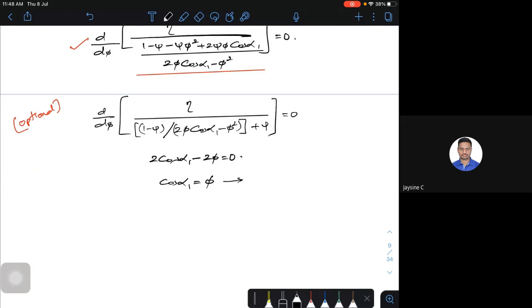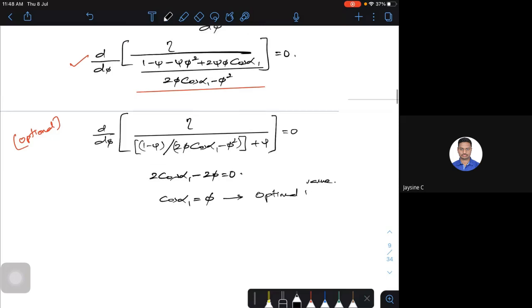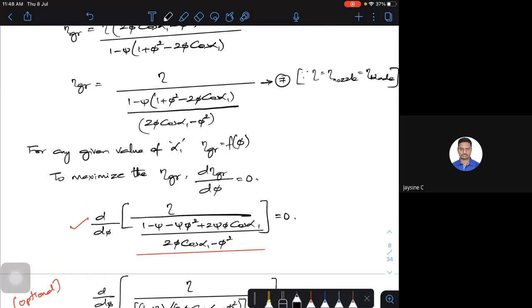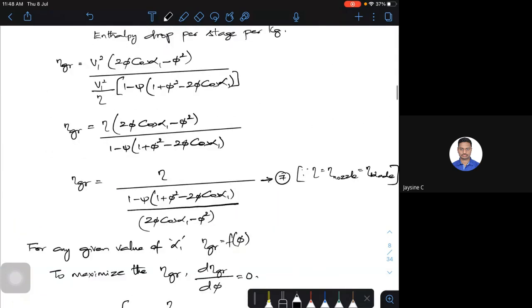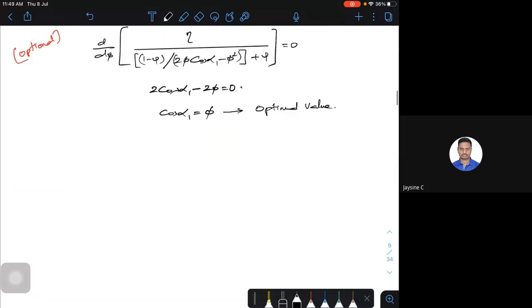This is your optimal value. Once you have this, if I try to substitute in my gross stage efficiency equation, wherever phi is there, I'm going to put cos alpha 1.